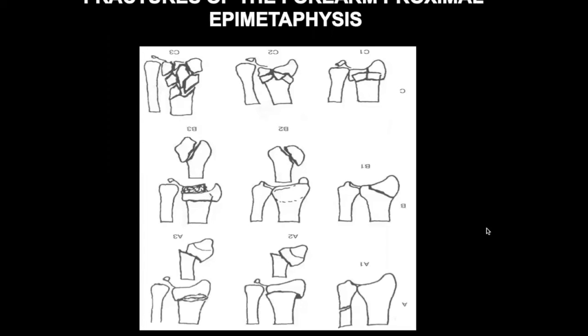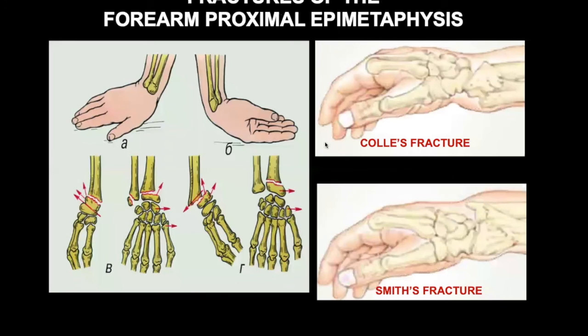And the fractures of the distal epimetaphysis of the forearm. The main thing here is the distal radius. It's the most common fracture in traumatology, and in almost every case you will have a two-part fracture. These fractures are called Colles and Smith.